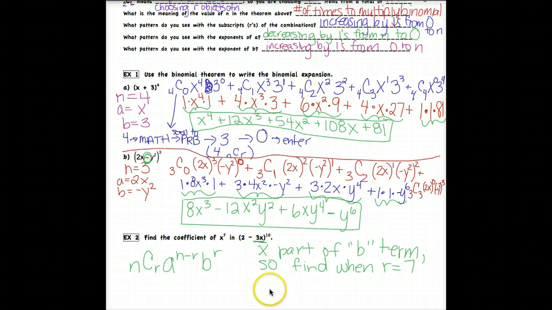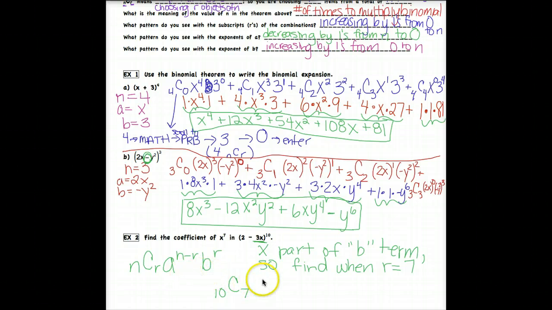So that should be relatively easy to do because you know that r counts up. So whatever r is, if you want to know when r is 7, plug that number in for r here. You know what n is. N is 10. So we can plug that in here. So if n is 10, we're going to go 10, combination, and we're choosing 7 because, again, it's coefficient of x to the 7th.